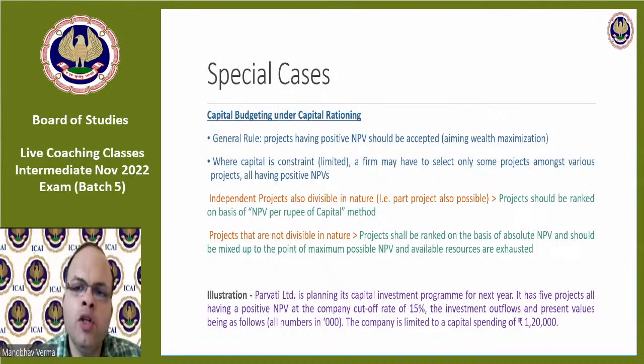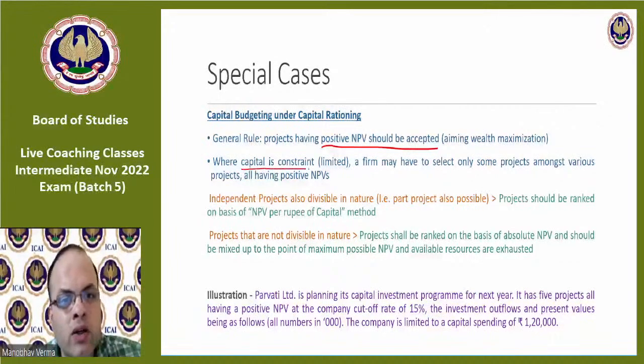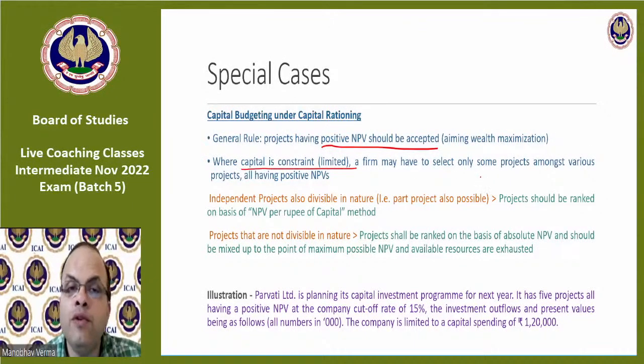Right? So the idea here is that, yes, although we are talking about a positive NPV project being accepted, the point is when capital is constrained or limited, which is generally the case, we might have to select only one project, or in fact, we can't select all the projects.